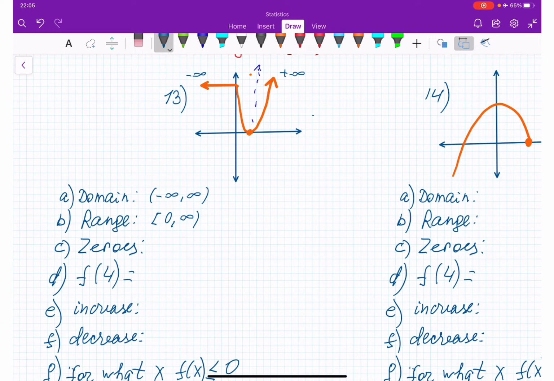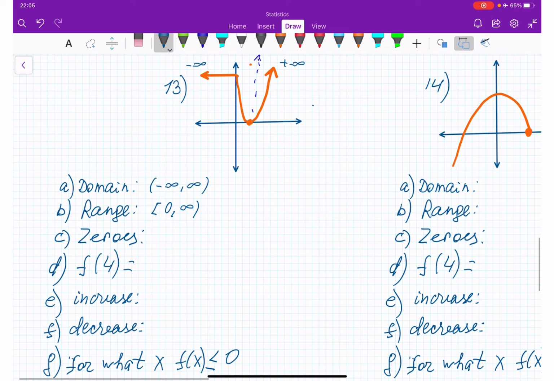Okay. At what point do we have zeros? What are the zeros of the function? What value of x is sitting on the 0 for y?